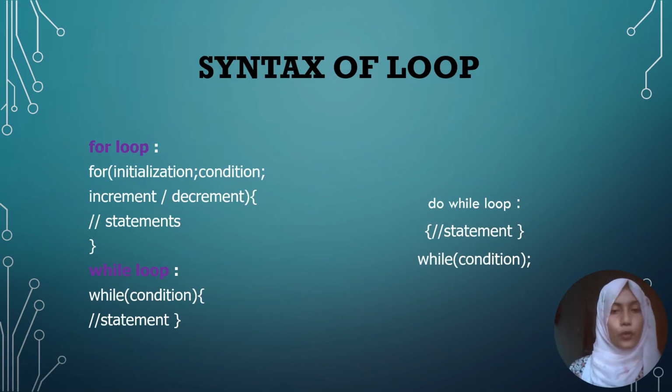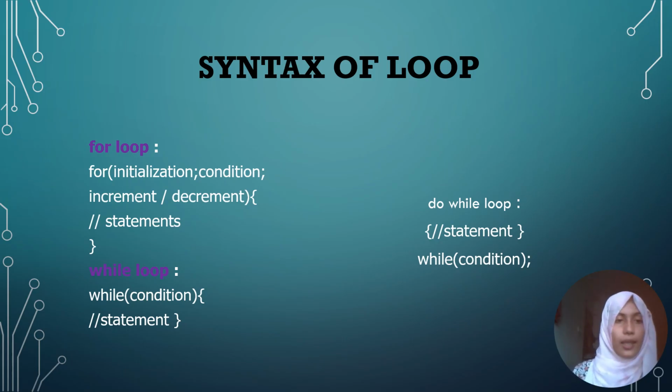Syntax of loops. For loop: in the for loop, we write initialization, condition, increment or decrement all in the same line. This loop is mostly used when we know how many times the code needs to run. Next, while loop: the while loop checks a condition first.